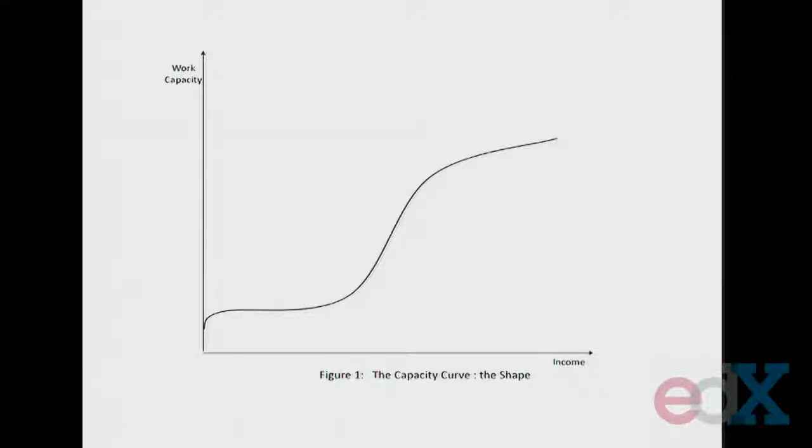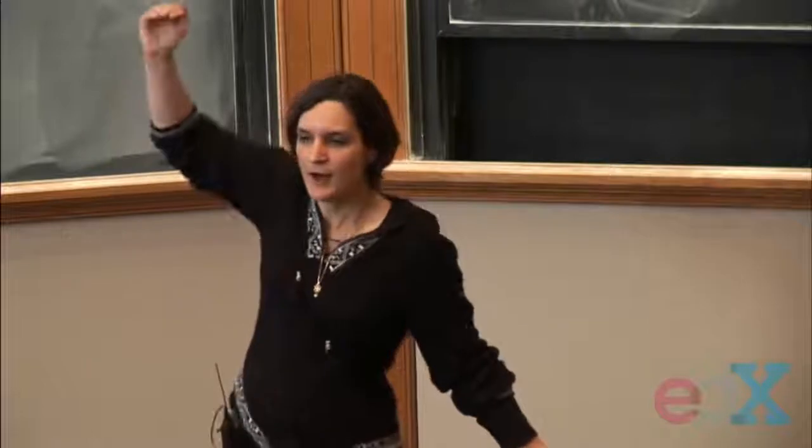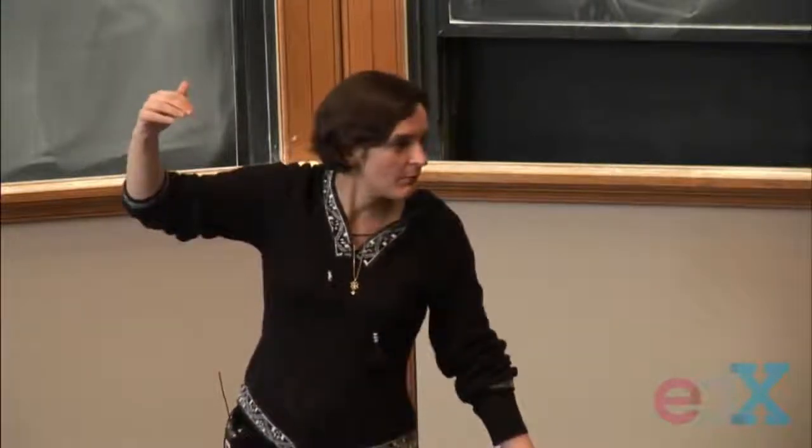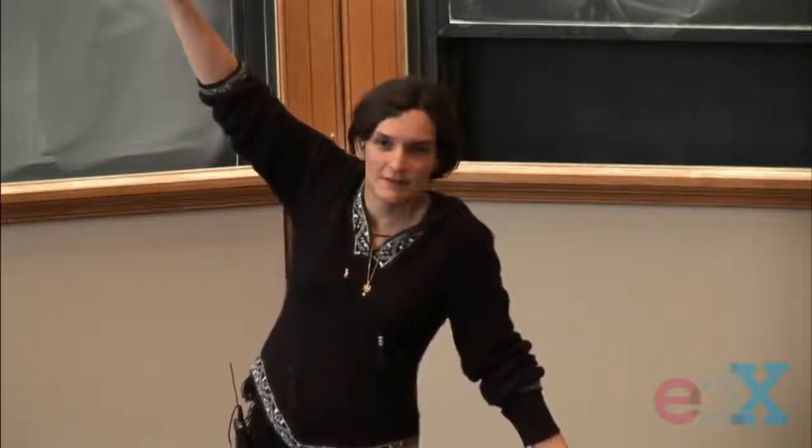So the curve shifts down because for every dollar or rupiah that you spend on food, that's fewer calories, and therefore that shifts down whatever you are able to achieve in terms of capacity, right?